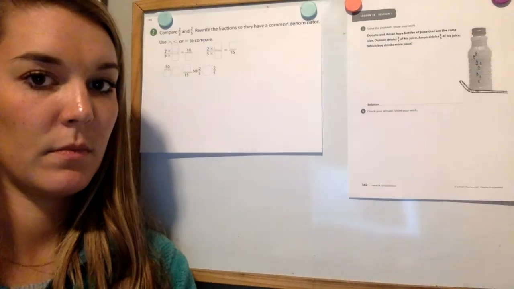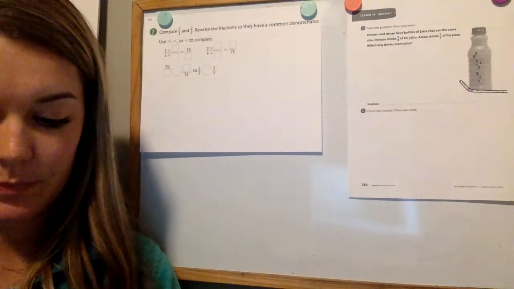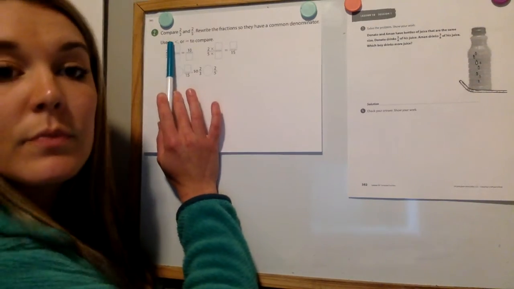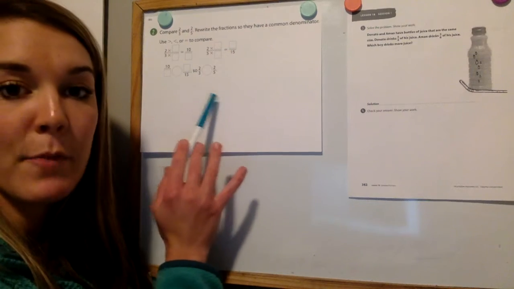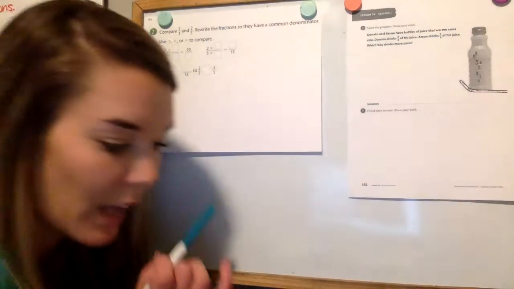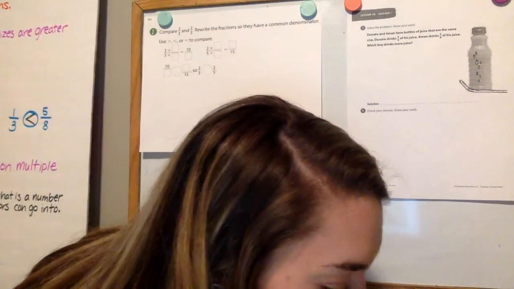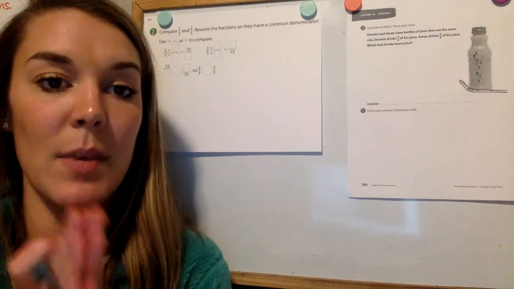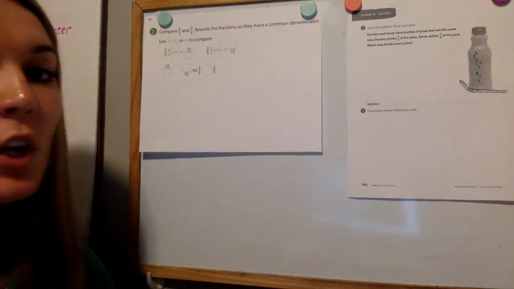So here we go. It says for number 2, I just blew it up, okay? It's on the bottom of page 181. I'm confusing you guys. It's on the bottom of 381, okay? If you're not on page 381, pause me and get there. And then we're going to look at number 2.